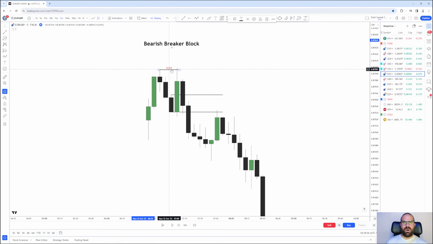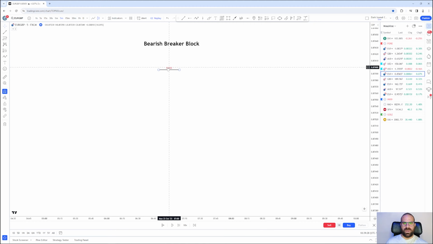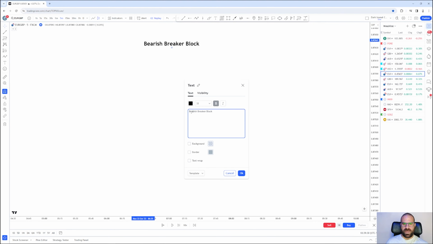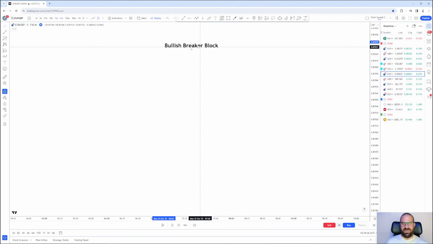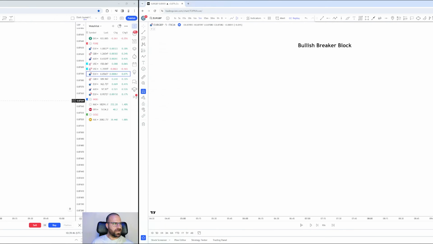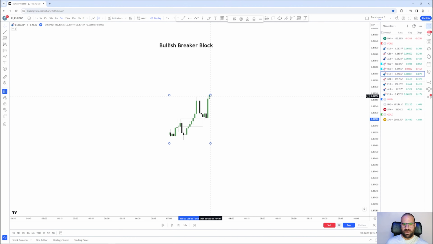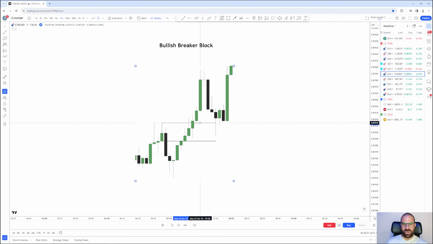Okay, now I'm gonna go ahead and show you the bullish breaker block. And then we're gonna be going ahead and combining everything together, which will give us the unicorn model. Let's go ahead and show the bullish breaker block in this occasion.